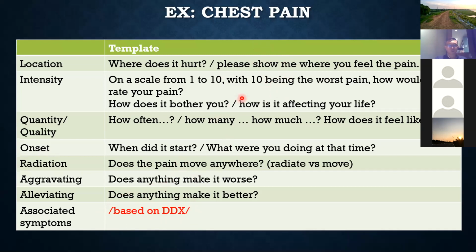And if you think that the patient may have a problem with the GI, you can ask like any nausea, any vomiting, any abdominal pain. So for associated symptoms, there's no formula, just based on the differential diagnosis only. Okay.